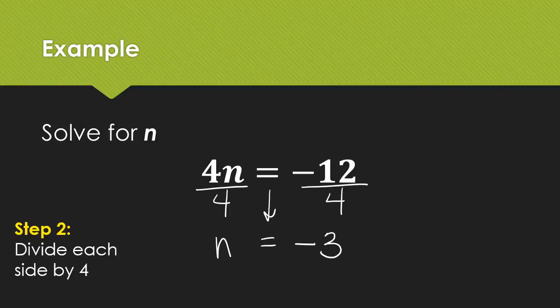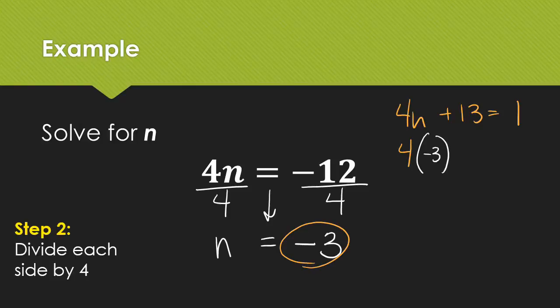So let's go ahead and check our work here. Our original equation was 4n plus 13 is equal to 1. Let's fill in -3 for n. So we have 4 times -3 plus 13 is equal to 1.